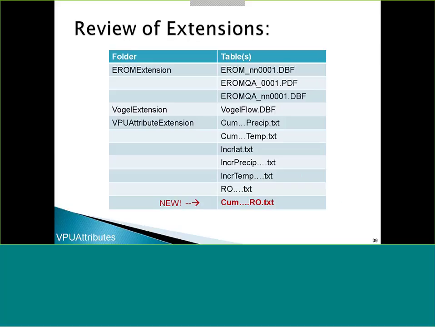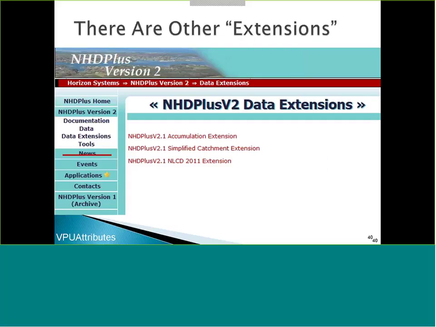Finally, I'd like to say that there are other extensions that we have in NHDPlus. Remember what I said at the beginning: in NHDPlus land, extension means something that was made after the core processing. We've had some additional accumulation extensions done, which are actually used for some of the tools, the simplified catchment extension, and then the NLCD 2011 extension.